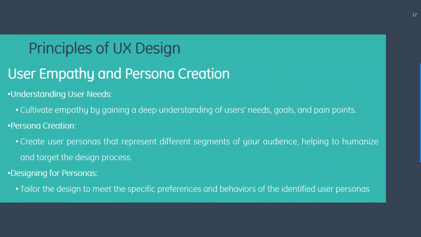Next, we have user empathy and persona creation. Firstly, we have understanding user needs: cultivate empathy by gaining a deep understanding of users' needs, goals, and pain points. Then we have persona creation: create user personas that represent the different segments of your audience, helping to humanize and target the design process.